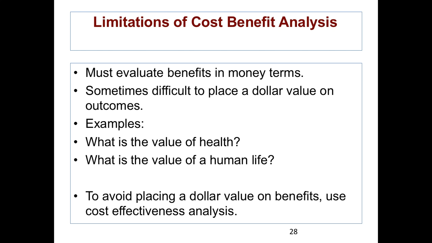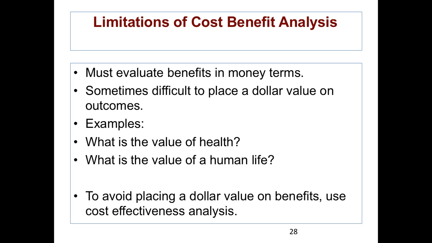Now, the limitation of cost-benefit analysis is that both costs and benefits are in monetary value, so sometimes it's difficult to place a dollar value on the outcomes. For example, what is the value of health? What is the value of human life?